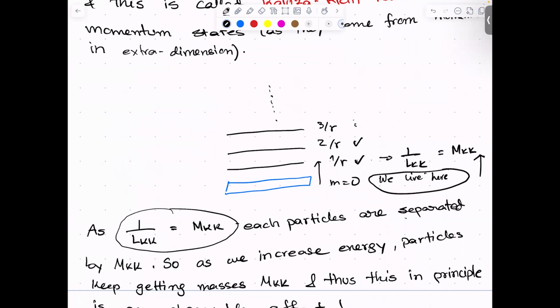Let's say this is 1 mkk, this is 2 mkk, where mkk is 1 over lkk or 1 over r.